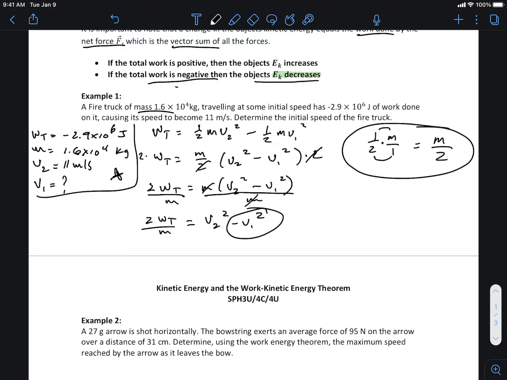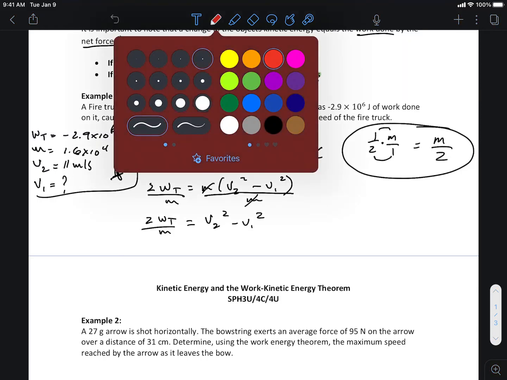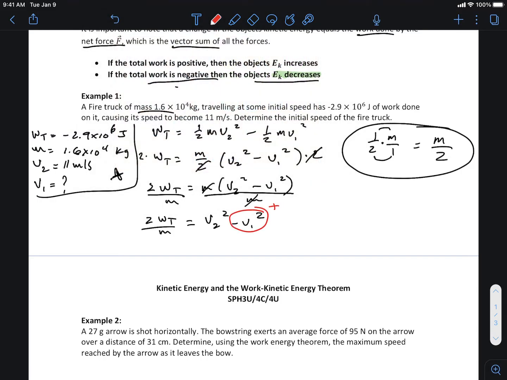We could add a v1 squared to both sides, which gets the v1 squared to the other side. It's almost isolated. Then we could go minus 2W_T over m from both sides as well.